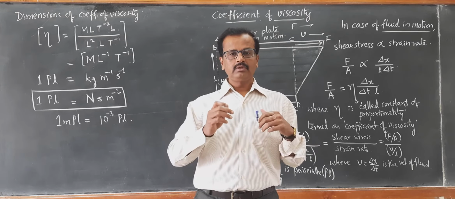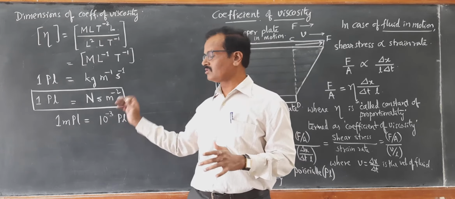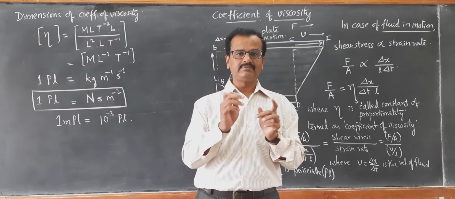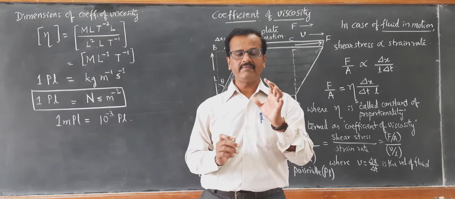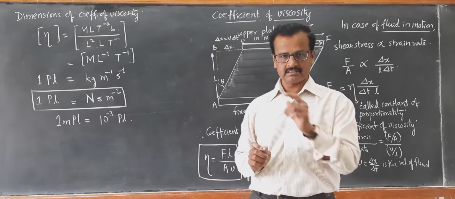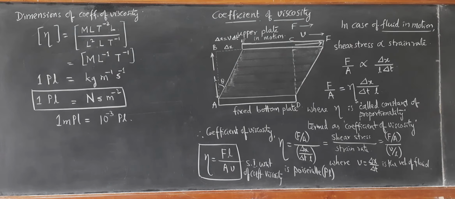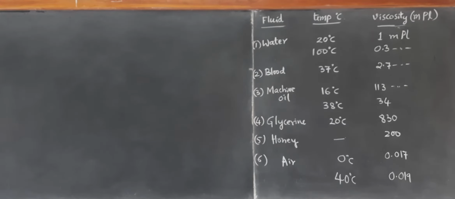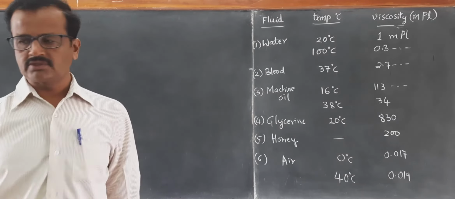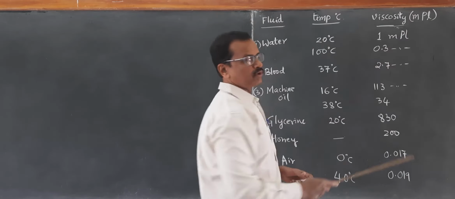The ones having more viscosity have a high value of coefficient of viscosity, and the thin, less viscous liquids have a low value of coefficient of viscosity. Now look at some values of the coefficient of viscosity. The coefficient of viscosity is also usually termed as viscosity itself. It is taken in millipoiseuille.